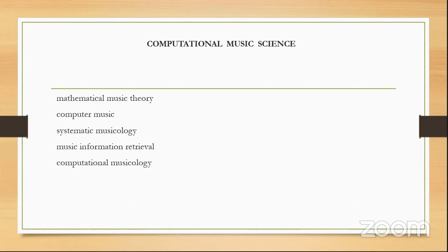Next is music information retrieval. This is another study of the process, the system, and the knowledge representation. Why is it required? It is required for retrieving information from music. A simple thing I'm telling you: suppose music is in symbolic format, in audio format such as MP3, or in vector format such as a scanned score. Music information retrieval has certain advantages.